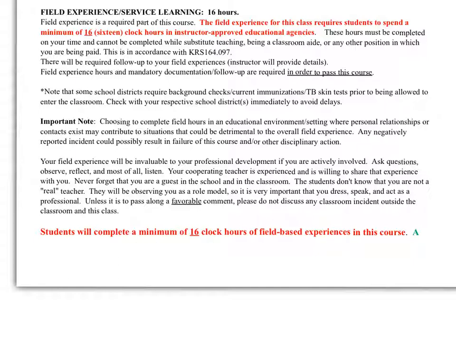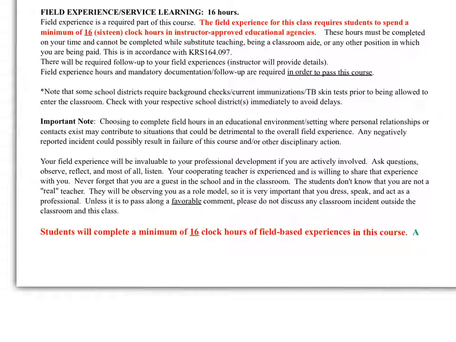So if you're going there to get all of your elementary hours in, you could, for example, say, depending on your personal preference, I would like to observe 2 hours in a kindergarten class and an additional 2 hours in a 5th grade class. Give them the dates that you're available. They may or may not be able to give you an answer right then, but they will certainly get back with you. Same way with middle grades.